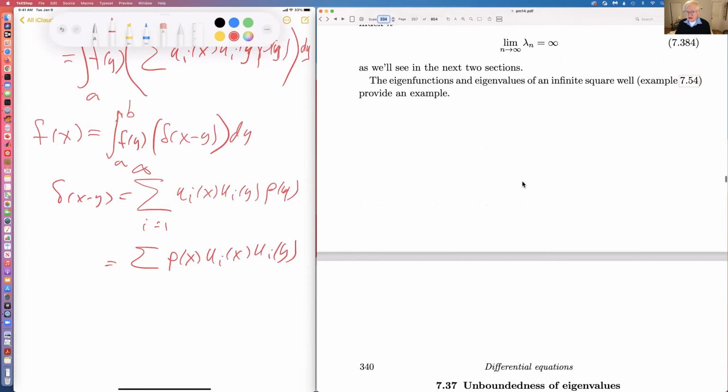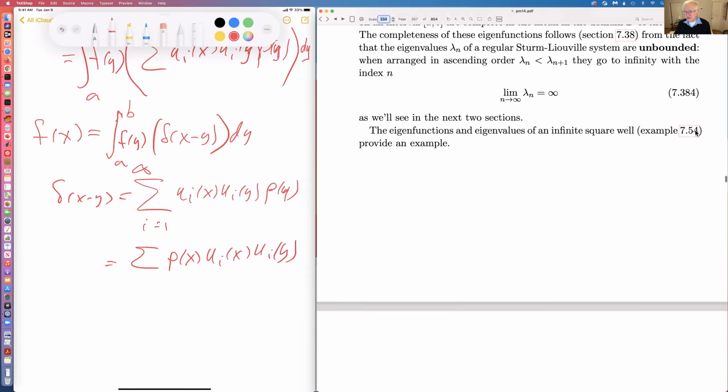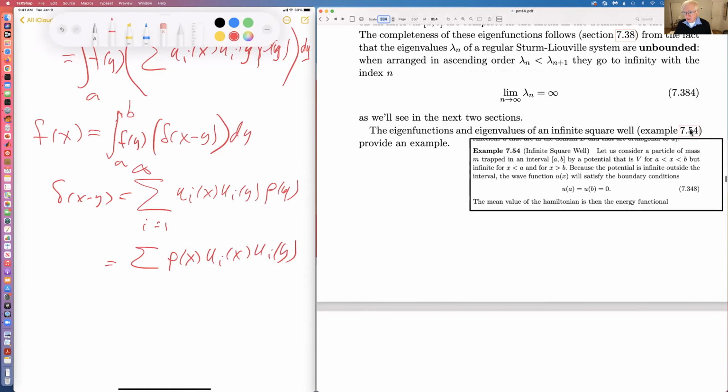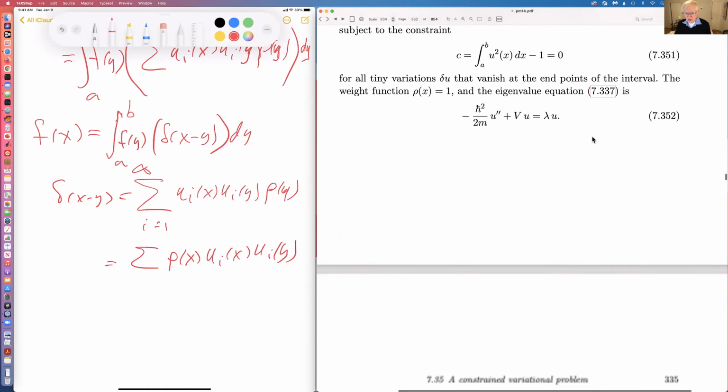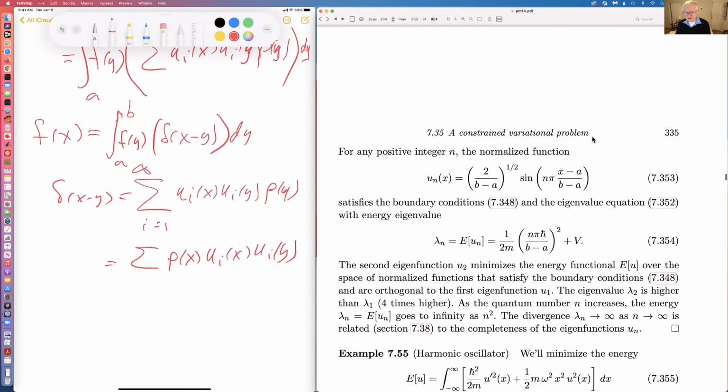And for example, in the case of the square well, so let me pop over to square well. The eigenfunctions look like this. The eigenvalues look like that. And as n goes to infinity, the eigenvalues go to infinity as n squared.